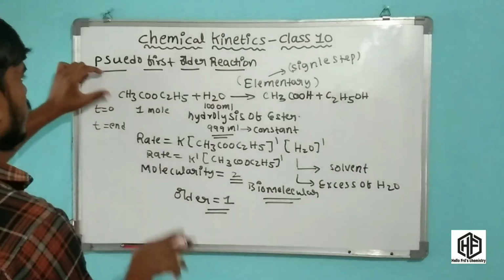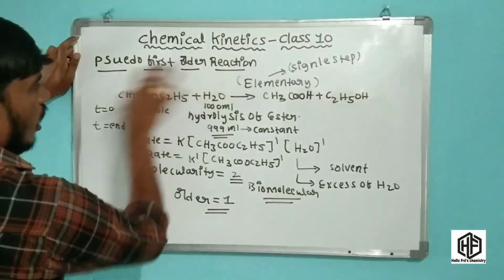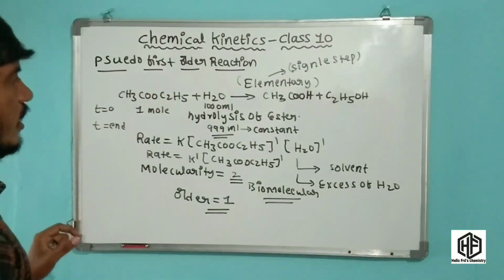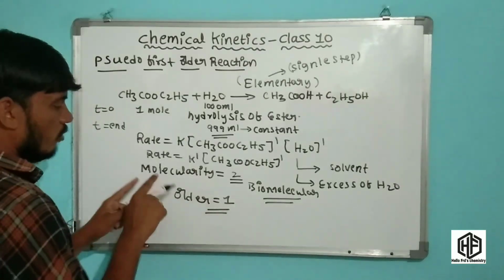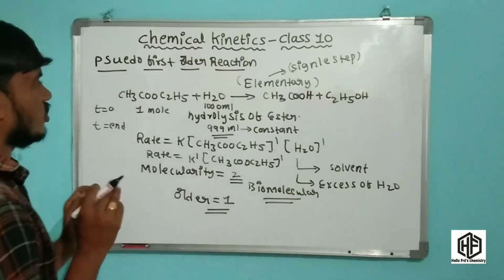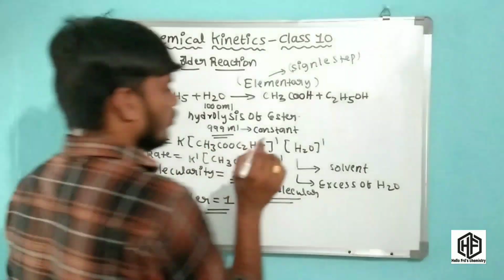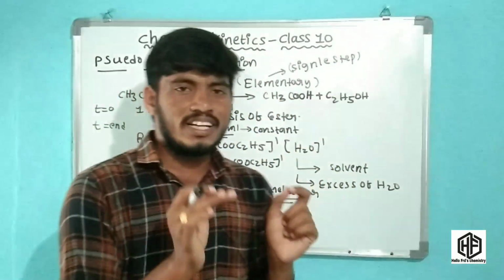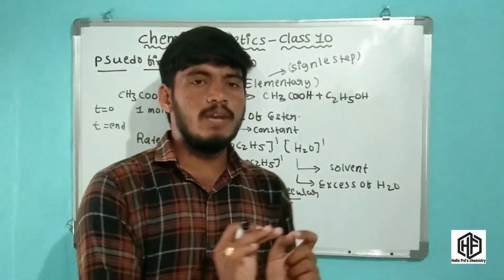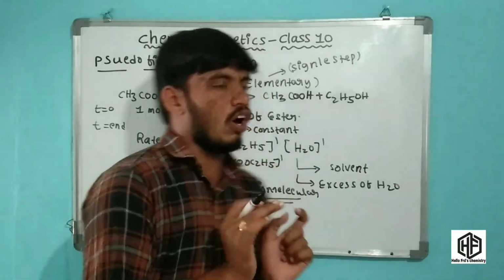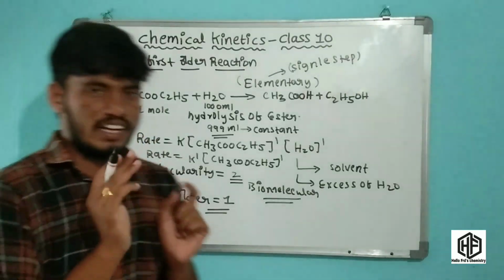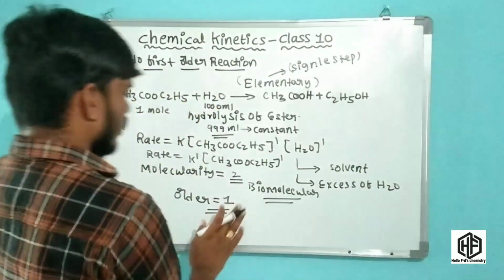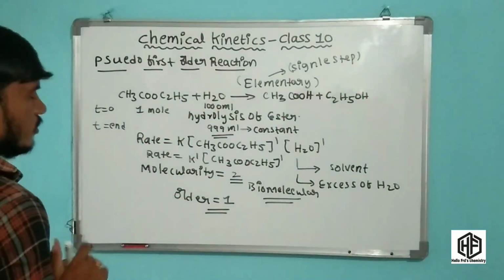This is the elementary reaction, but order is 1, molecularity is 2. Now one more important point, friends: order is equal to the molecularity in all elementary reactions except pseudo first order reactions. Okay friends, this is very important. This is clear friends.